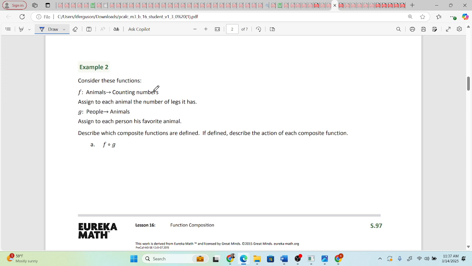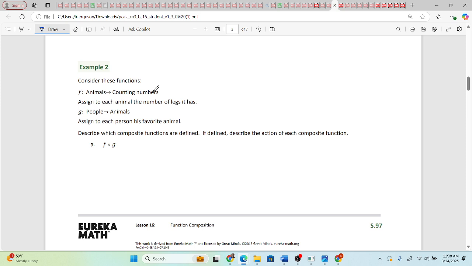Okay, so my second function, G, says if I put in Demetrius, I should get Demetrius's favorite animal. What's your favorite animal? Okay, dog. So if I put in Demetrius in my function, I'm supposed to get an output of dog. If I put in Abria, what should I get out?